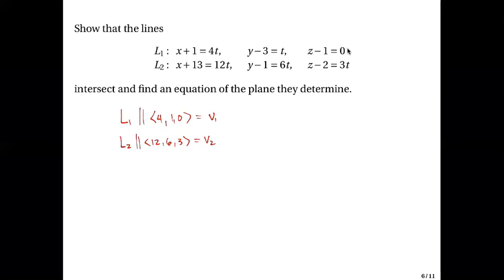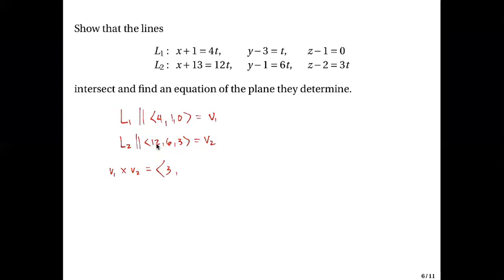So if we get the cross product of V1 and V2, we will get a vector perpendicular to both V1 and V2. And we will use that as the normal vector to the plane. So V1 cross V2. Here you have 1 times 3 minus 6 times 0, so that's just 3.